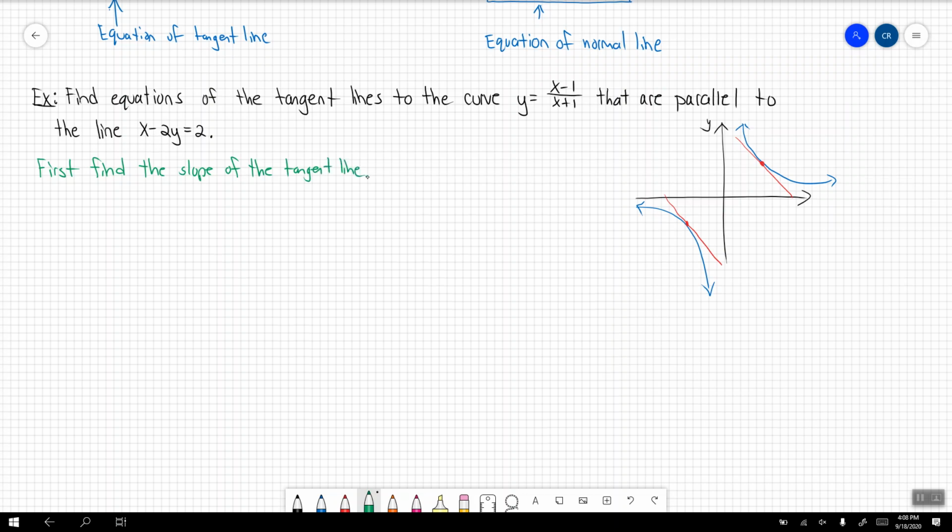You're going to notice that there are two slopes that we actually have to take into consideration here. So we're going to have to consider two restrictions.